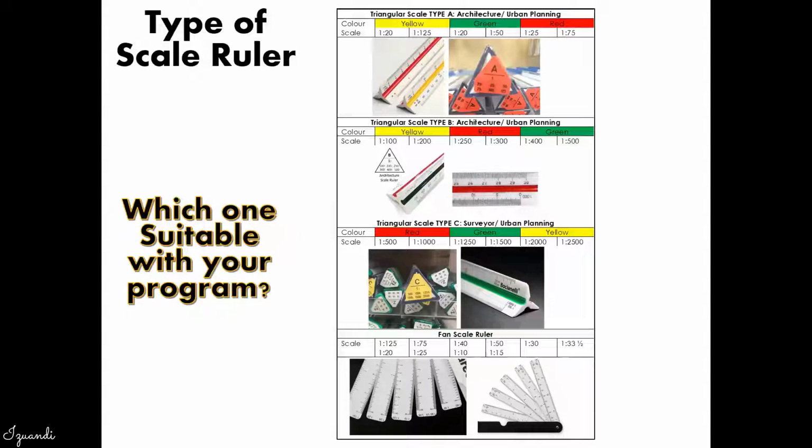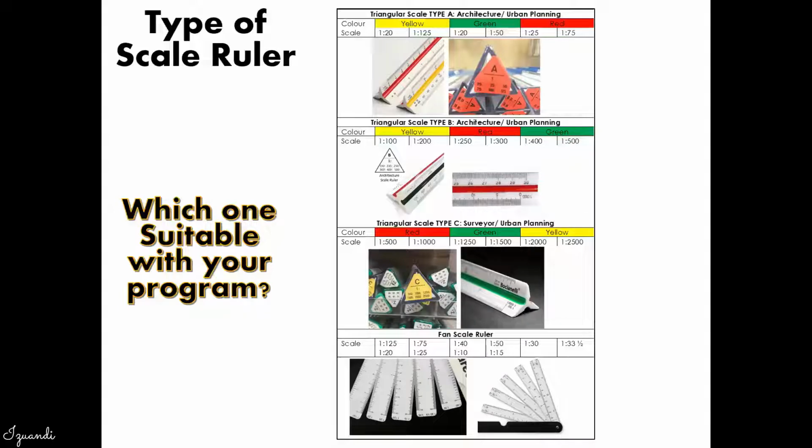Okay, you cannot use type A to show the size of the campus, because a campus is too big. It's more than 1 acre. It's more than 10 acres. So normally, that's why land surveyors and urban planning use type C, because of the size of your layout, the size of your drawing that you are going to represent.